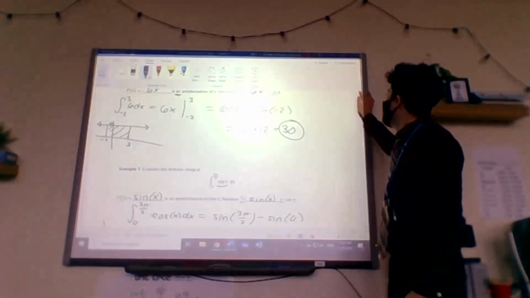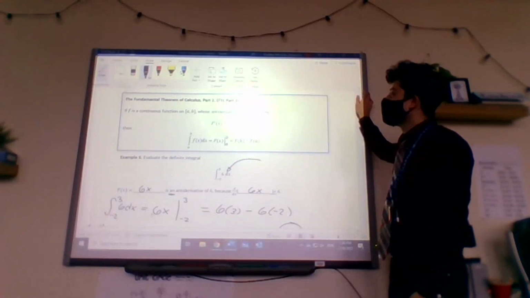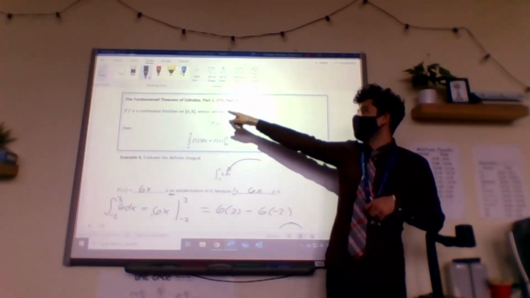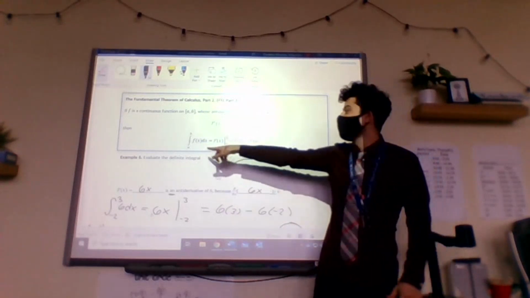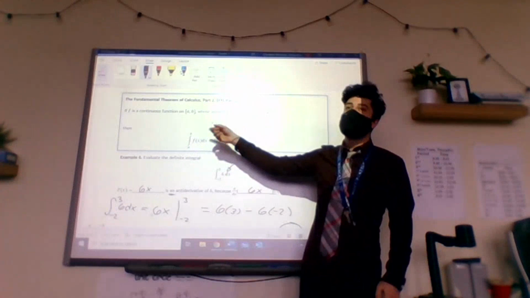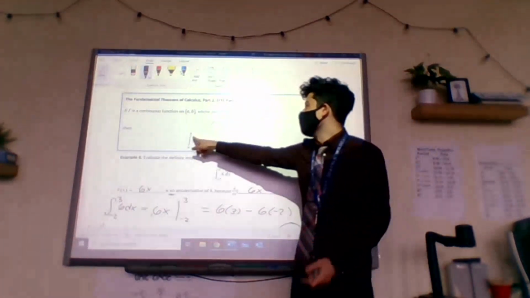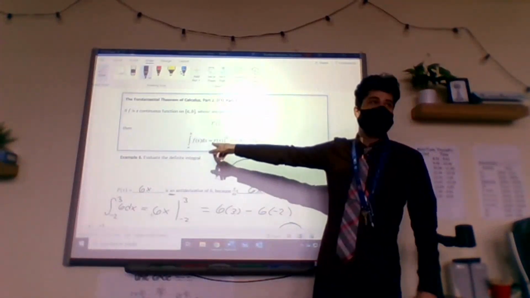So remember, last time, I guess Thursday, we learned the second part of the fundamental theorem, which said something similar to the first part. It said that if you take the integral of a derivative, then they kind of cancel each other out in a weird way. You just get the antiderivative at b minus the antiderivative at a.